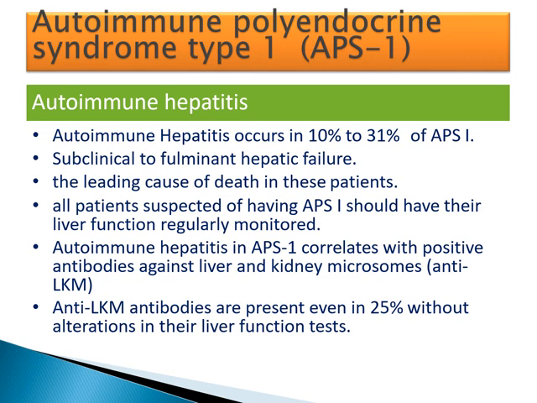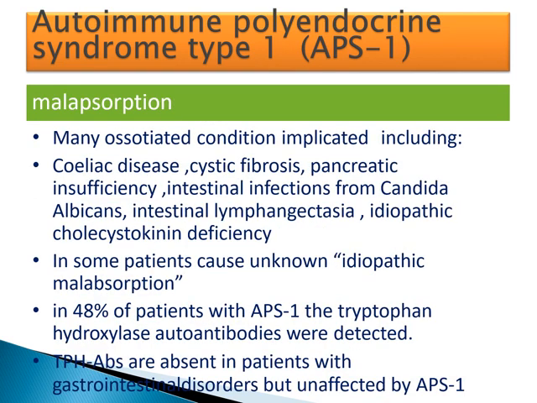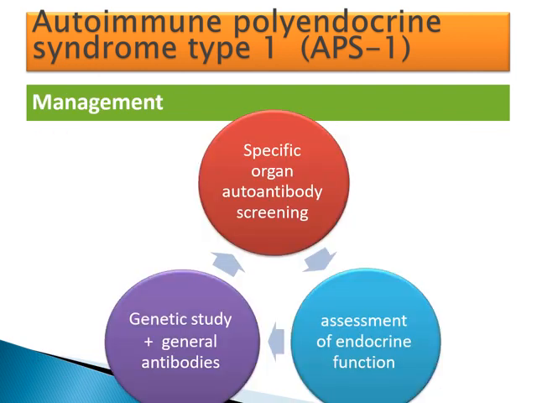Malabsorption is also associated with APS1. How will we manage APS1? Specific organ autoantibody screening, then genetic study plus general antibody studies, then assessment of the endocrine function.